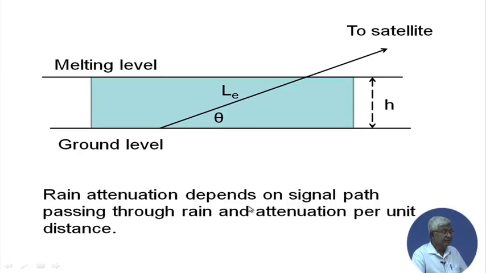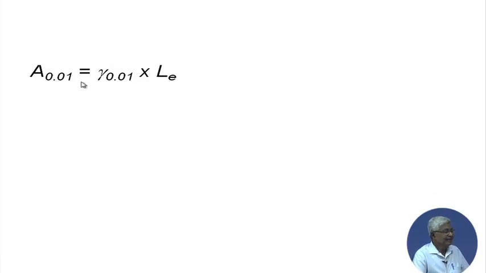So, rain attenuation depends on the signal path passing through the rain and the attenuation per unit kilometer. Based on that you can calculate the rain attenuation. Simple formula: A0.01, that is attenuation for 0.01% of the time, the rain rate we have talked about earlier, is equal to gamma of 0.01 into LE.